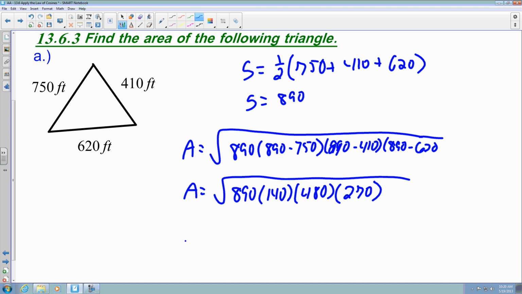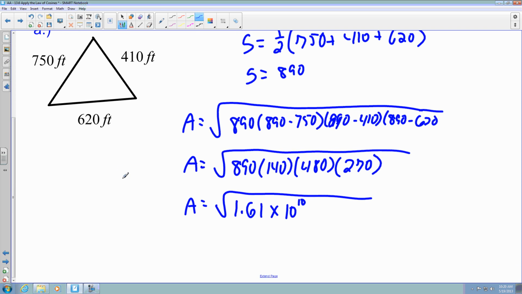So if I go 890 multiplied by 140 multiplied by 480 multiplied by 270, I get a really large number, and my calculator tells me it's 1.6141 times 10 to the 10th power. So a very large number.